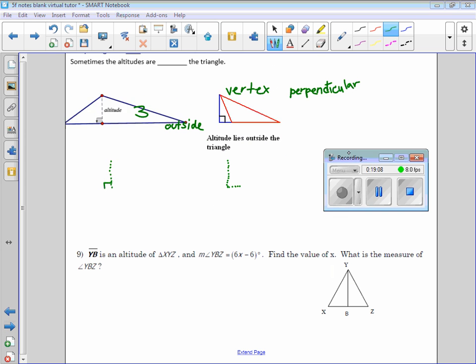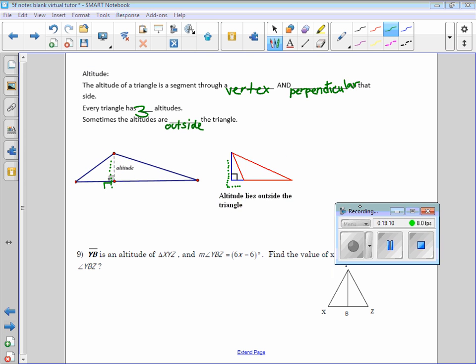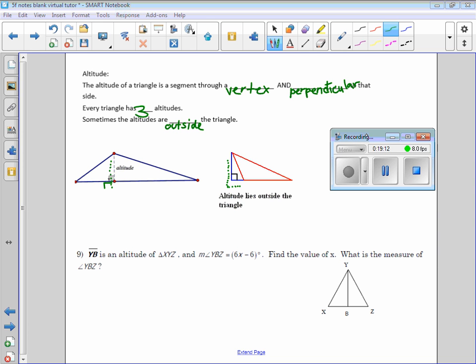So looking at our example, we have YB as an altitude of triangle XYZ. So YB makes a 90-degree angle with the base. They're telling us that the measure of angle YBZ, so if we trace YBZ, that's this angle here, is equal to 6x minus 6.